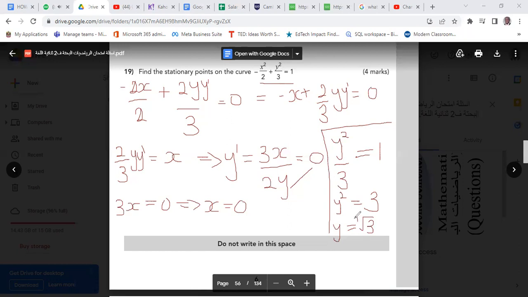I'm sure you know that, because if you square it, it can be positive. So it means that my coordinates will be (0, plus root 3) or (0, minus root 3). That's my answer for the coordinates.